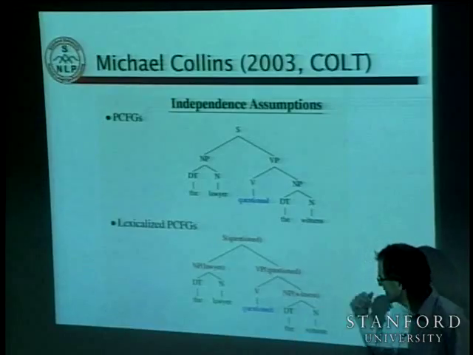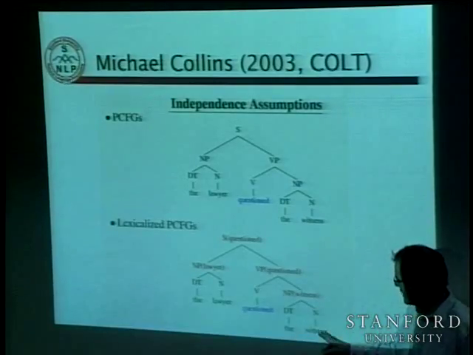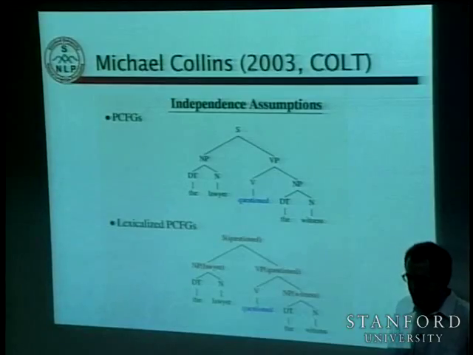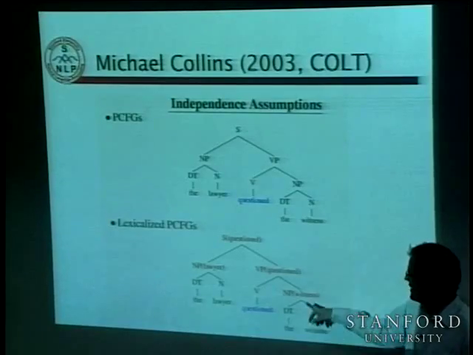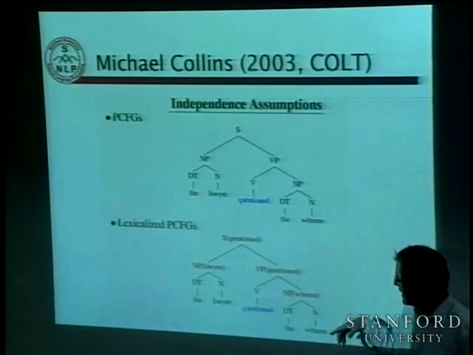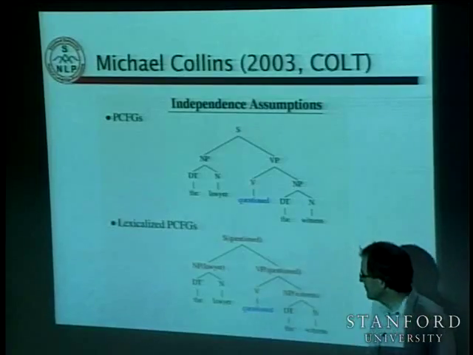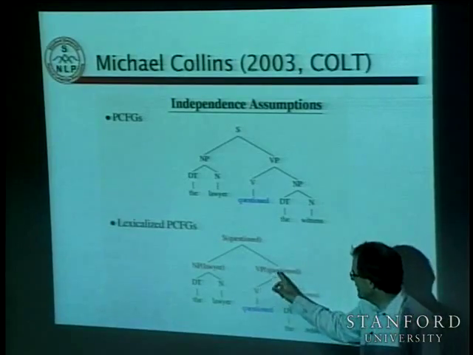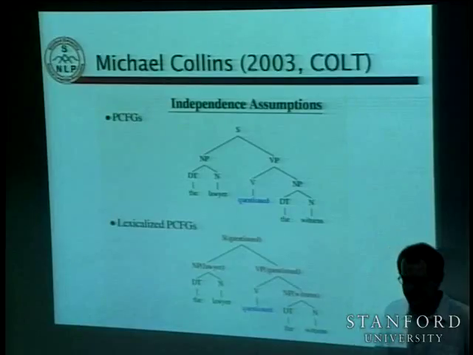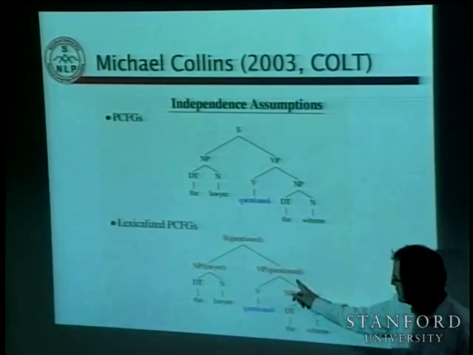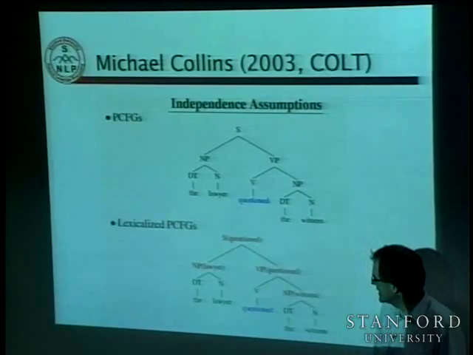So what you do in lexicalized grammars, just briefly, is define for each rule a head, in a fairly obvious way. A noun is the head of a noun phrase, a verb is the head of a verb phrase, and the verb phrase is the head of a sentence. Then you percolate up the head words up these head chains.